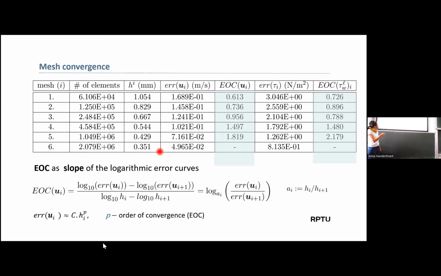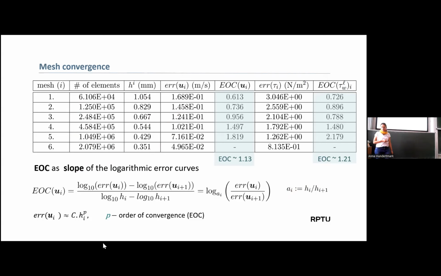Mesh size is decreasing, the error decreases, and when you compute the mean EOC on average, you obtain something more than 1 for the velocity and also for the wall shear stress. Clearly we would expect second order, but for instance, at the inflow boundary condition we do not have continuity, because we prescribe a temporal change of velocity which is constant on the outside.